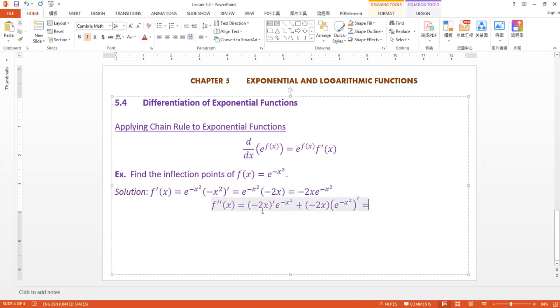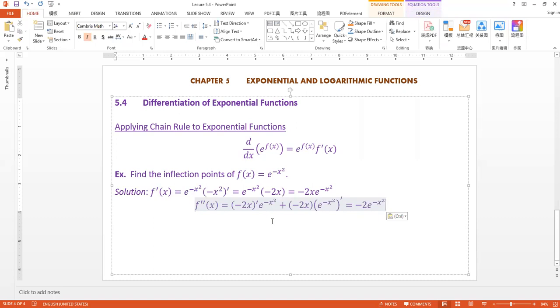And we know negative 2x prime is negative 2 times x prime. The derivative of x is just 1. So negative 2 times 1, that's just negative 2. We get negative 2 times e to negative x squared in this first term.